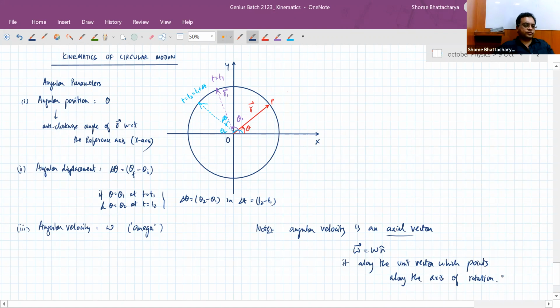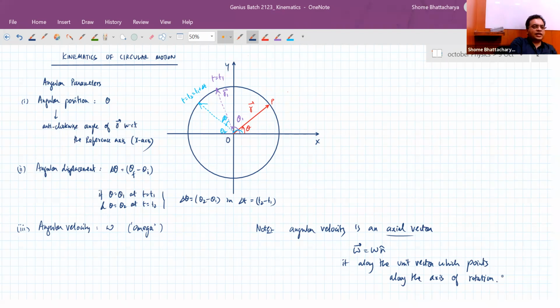So you must be aware that there are two types of vectors we define in general: polar vectors and axial vectors. Polar vectors are for physical quantities which act along a line of action, like force, momentum, velocity, displacement. All these have a line of action. They act along a particular line or axis, and that is the direction of the vector.